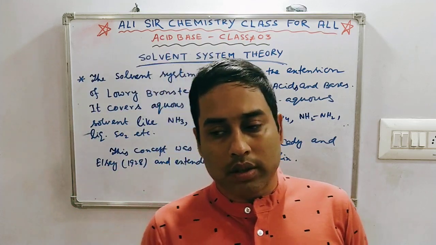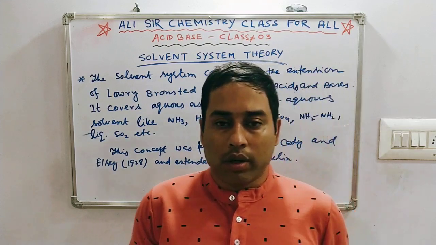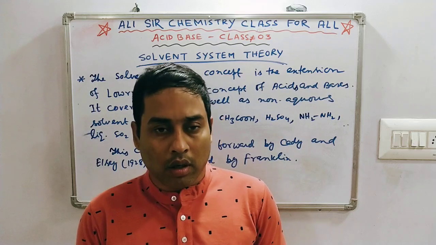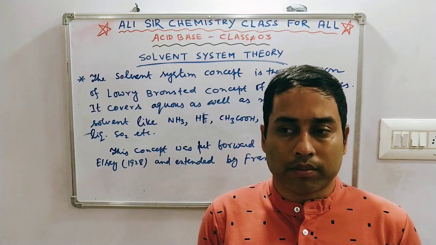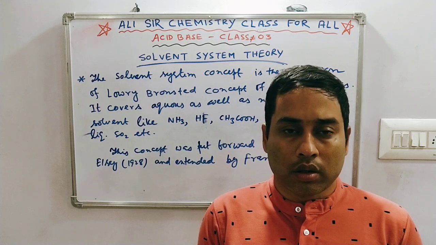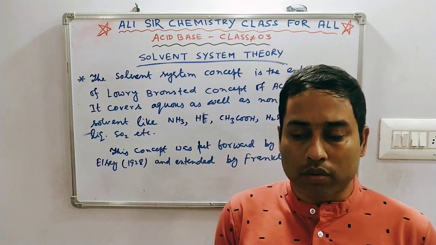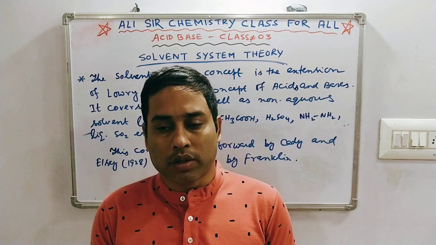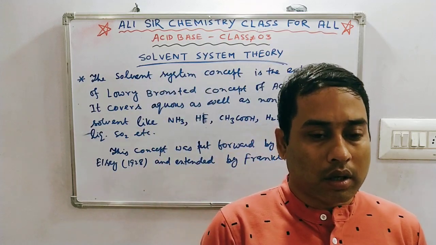Today I am going to take the third class of acid base chemistry. We have already learned two classes, class 1 and class 2. Class 1 depends totally on the concept of acids and bases, which is basically two concepts, Arrhenius and Lowry-Bronsted, and the second class is all about Lewis acids and bases.